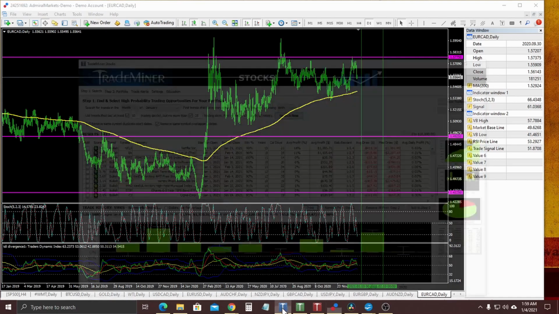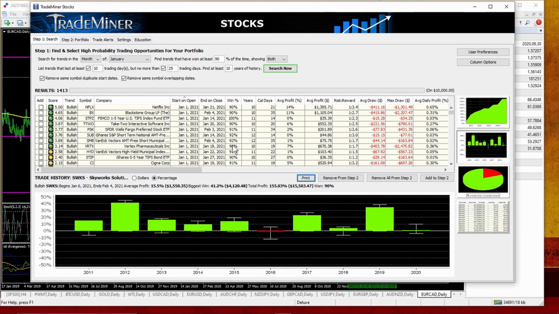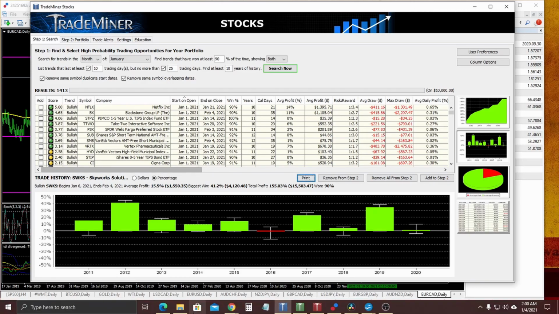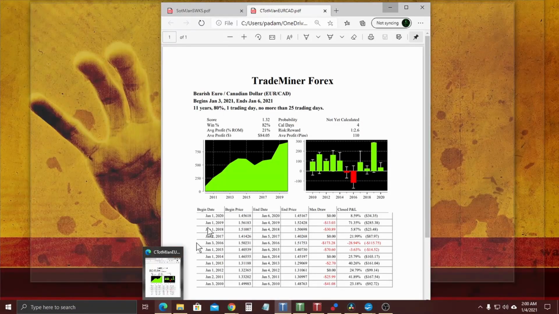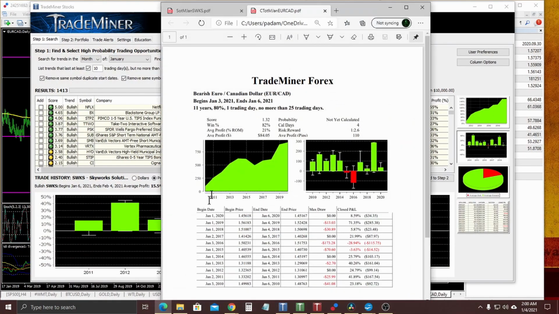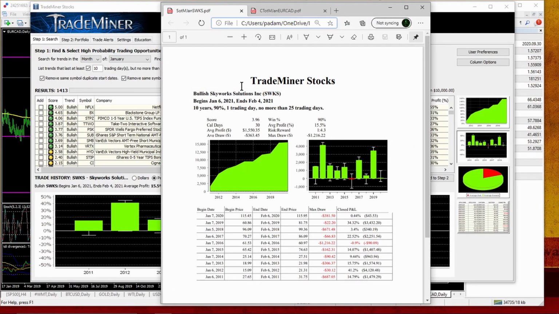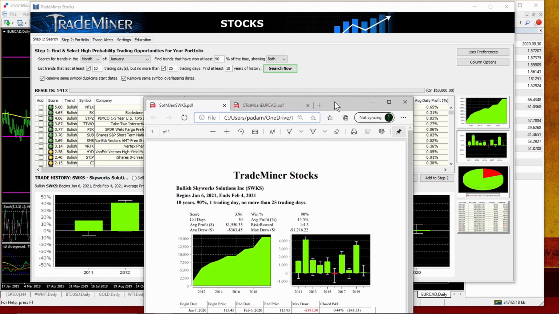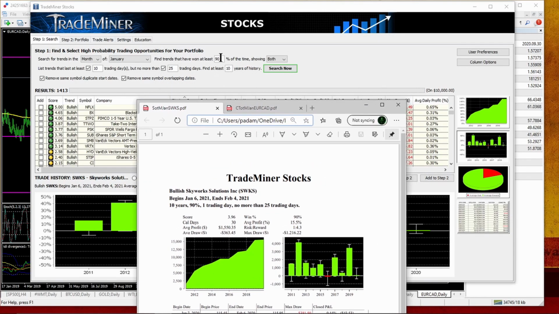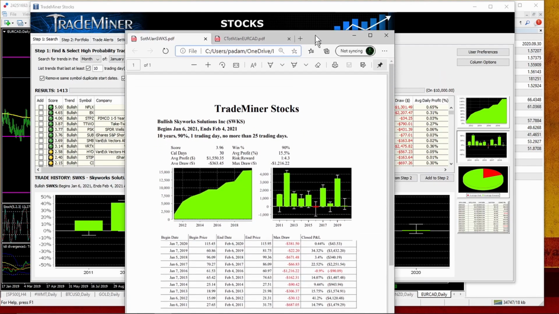I also am trading stocks. On stocks, I brought up a trade that I wanted to show you. The dig is pretty much the same. On this one, though, I have a 90% chance.